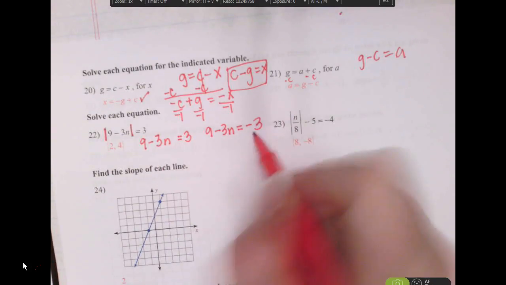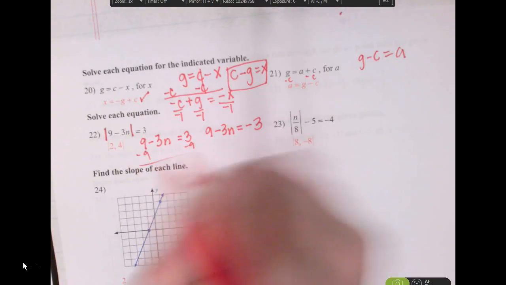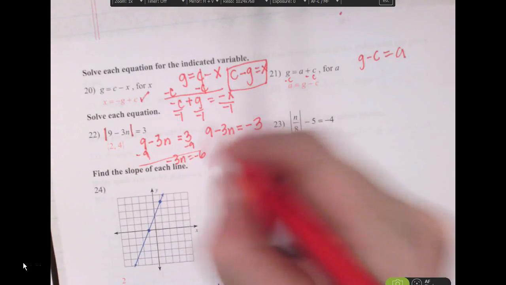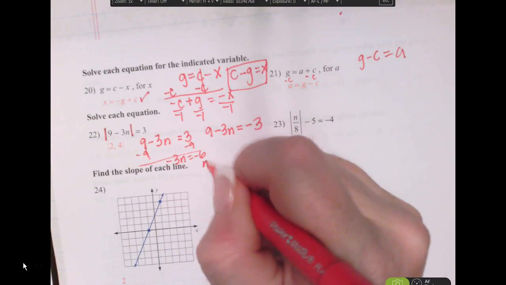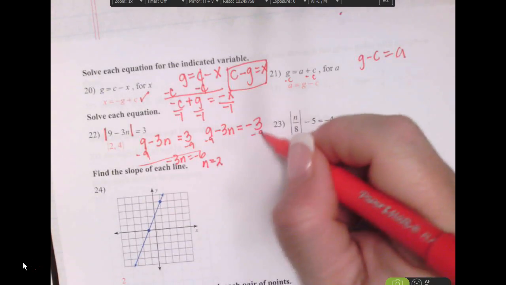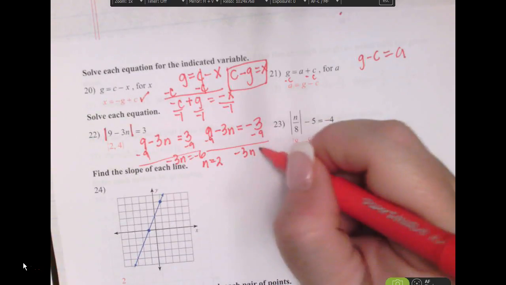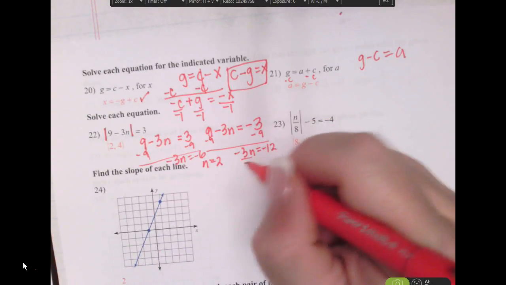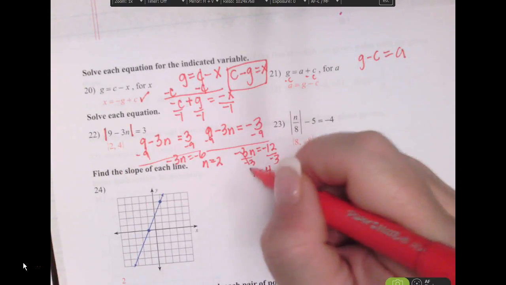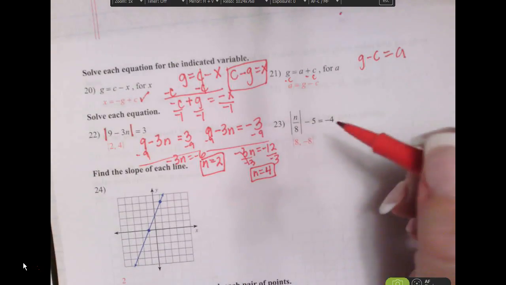Once we split the equation, we can solve it, and we get negative 3n equals negative 6, divide by negative 3 on both sides, so here I get n equals positive 2. And then here I'm going to subtract 9, and then divide by negative 3. Negative 3 minus 9 is negative 12, divide by negative 3, and I get n equals positive 4. So the two solutions for this one are 2 and 4.